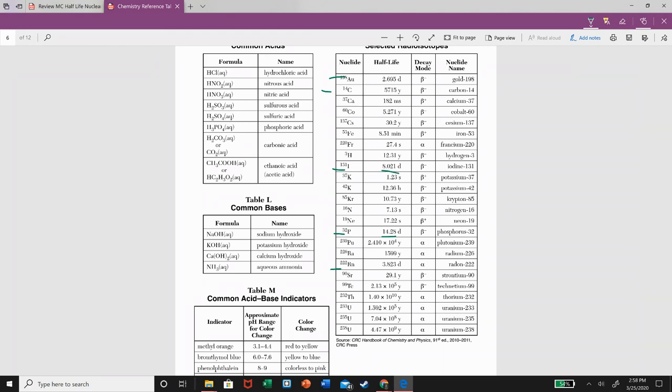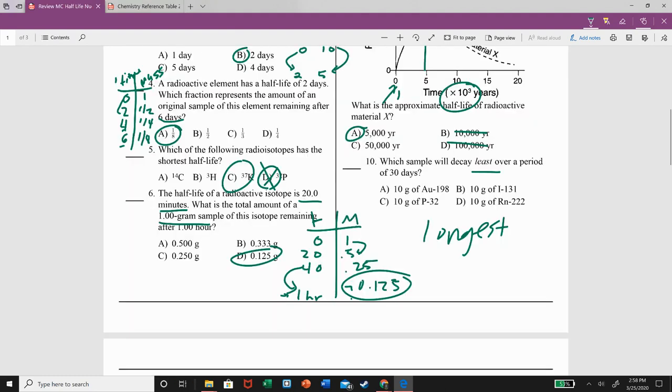These are all in days, so I've got 3 days, 14 days, 8 days. I believe it's going to be the 14 because that's the longest half-life. So it's going to be phosphorus-32, choice C.